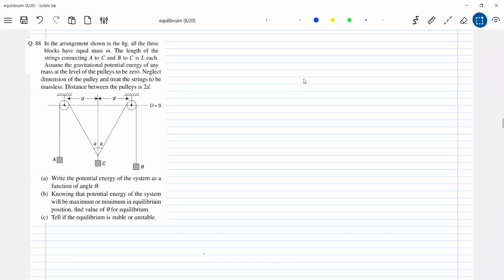Total length of the string is given as L from A to C. So let me take some points.